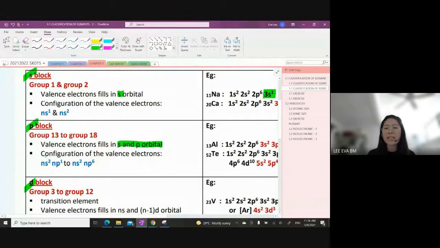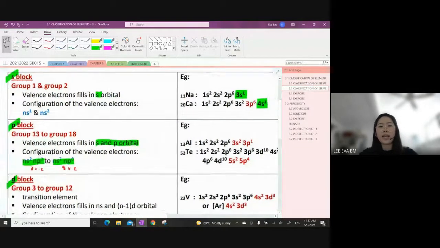So the valence electronic configuration goes from ns2 np1 up until ns2 np6, which is 3 valence electrons until 8 valence electrons. But this belongs to the p block. And how are we going to see it?